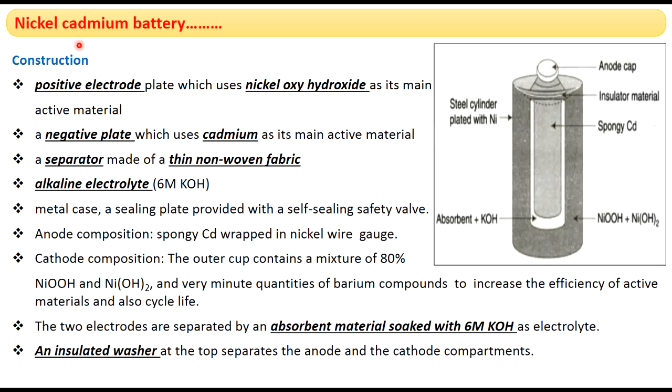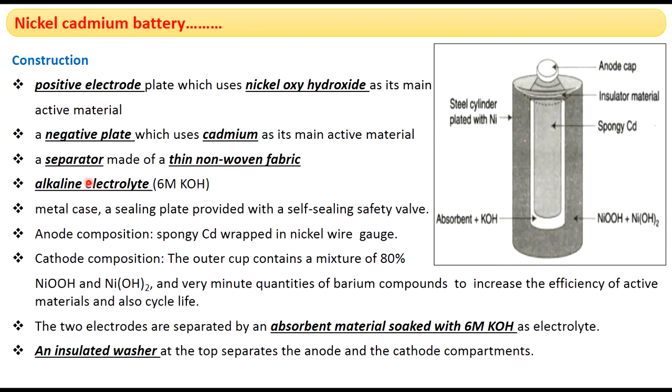Nickel cadmium battery consists of positive electrode, which is nickel oxyhydroxide and other constituents. Negative electrode consists of cadmium as the active material and other constituents. Then we have a separator which is made with very thin non-woven fabric material.